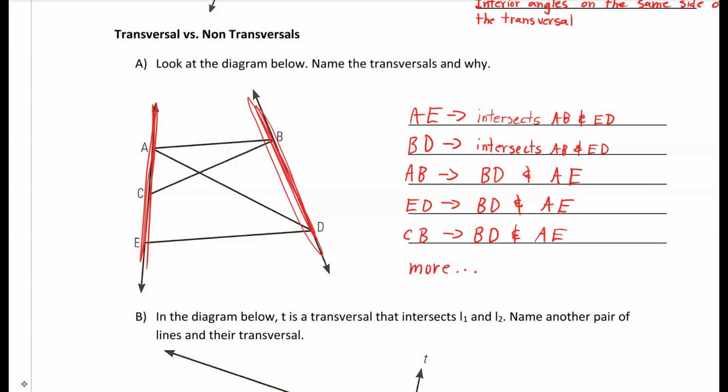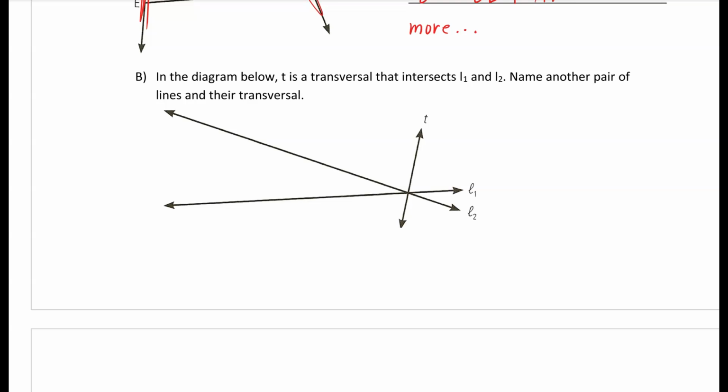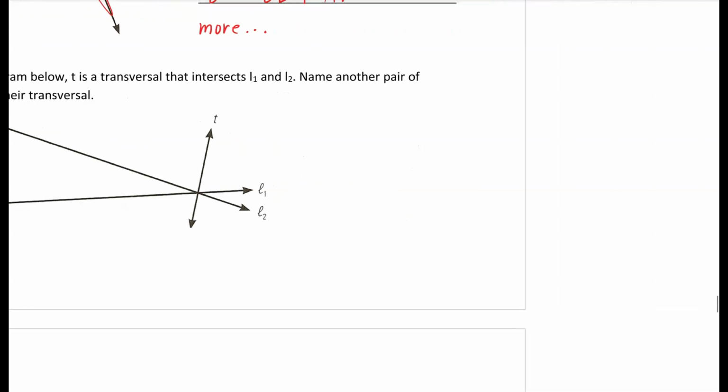But if you're ever asked to list them, it'll ask you to list a certain amount of transversals. For the diagram below, in the diagram, T is the transversal that intersects with line 1 and line 2. Name another pair of lines and their transversals. We have T listed as our transversal, but really this could all switch.